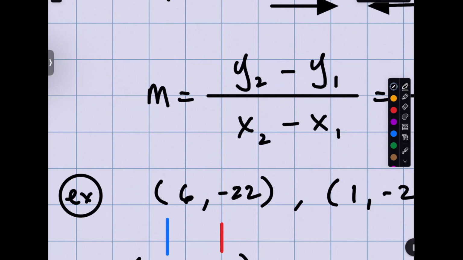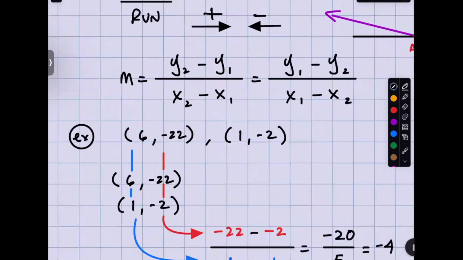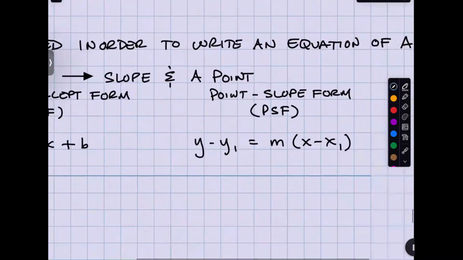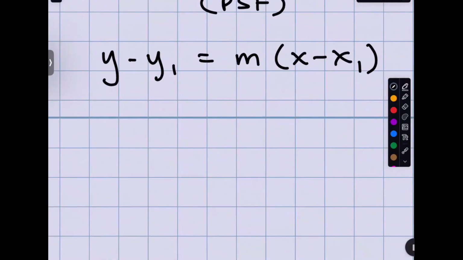You get m times the x's is equal to the y's times 1. That is your point-slope form, except the x2 and the y2 is just x and y. Okay? So if you just remember the slope formula, you can actually come up with the point-slope form. Okay?